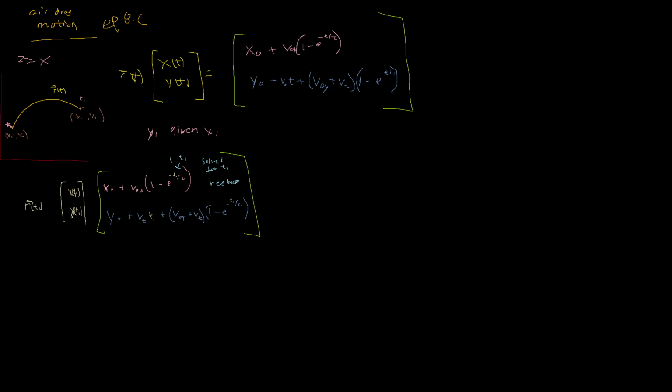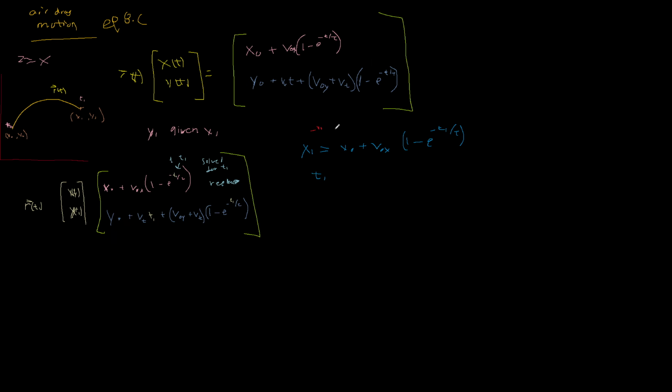So let's go ahead and do that. I'm going to just write x1 is equal to x naught plus v0x times 1 minus e minus t1 over tau.